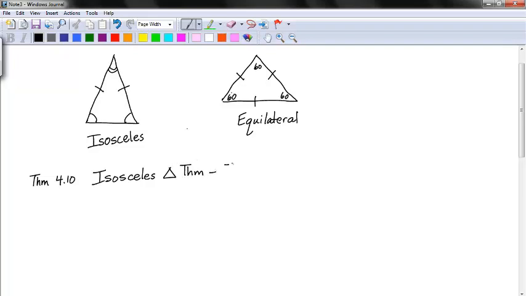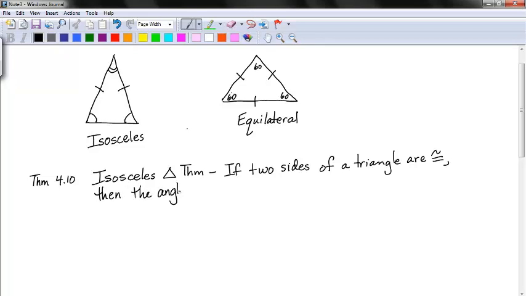And it says if two sides of a triangle are congruent, just use the symbol for congruent, then the angles opposite those sides, and that's basically what we said in the triangle picture up above.